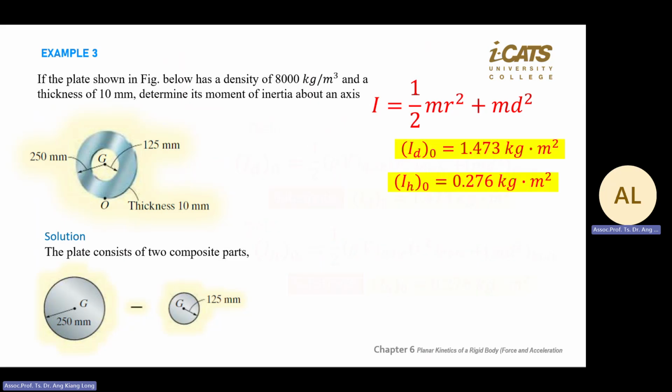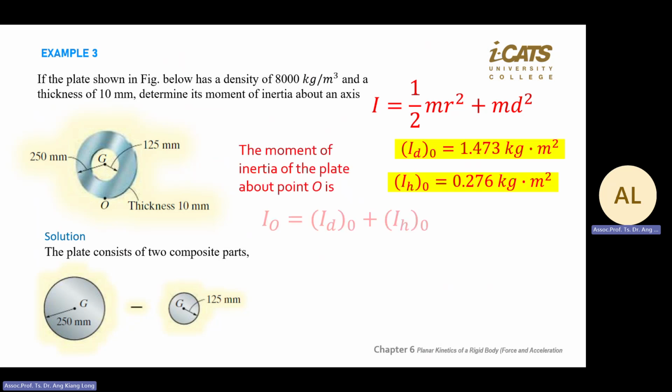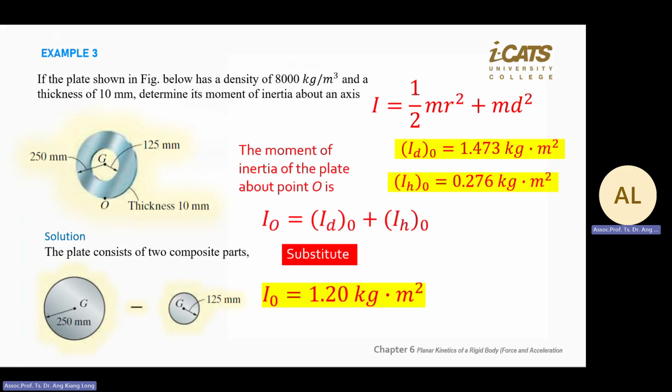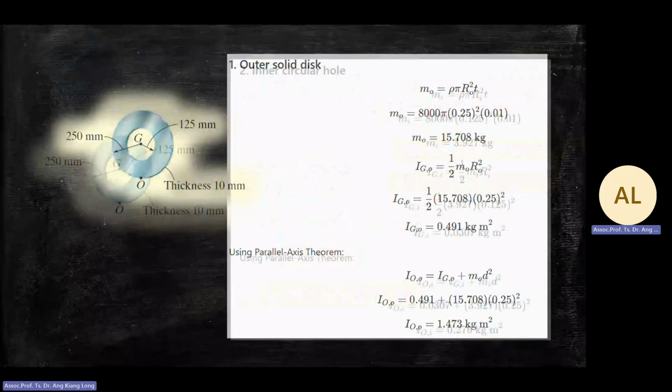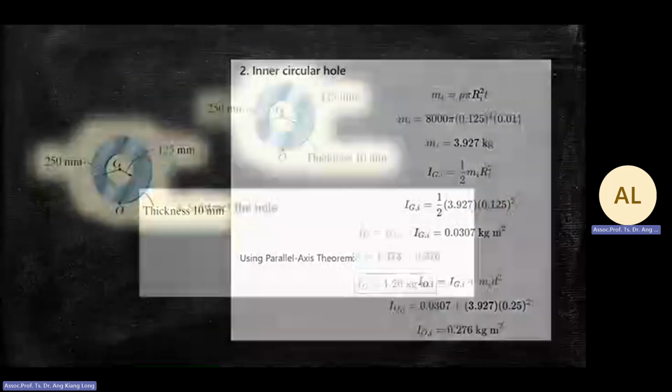We are still applying I equals Ig plus md square. Still the same. The second example, number 4, I already put the answer in the slide, so this one is already updated. This also works the same way.